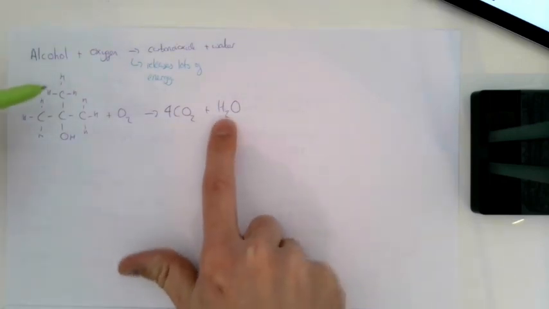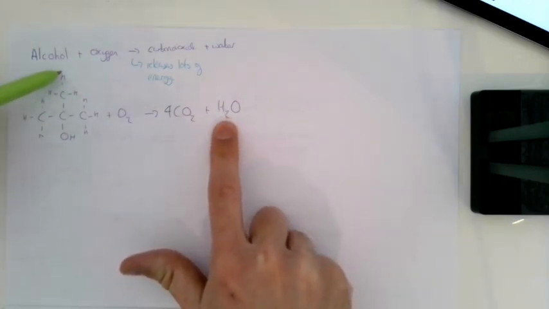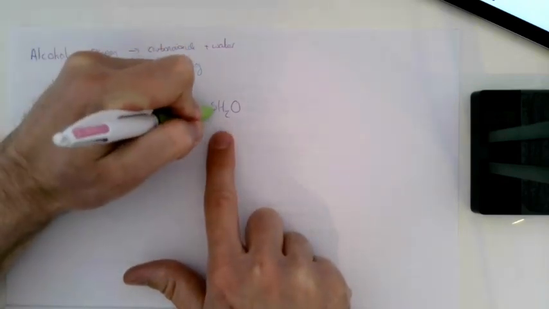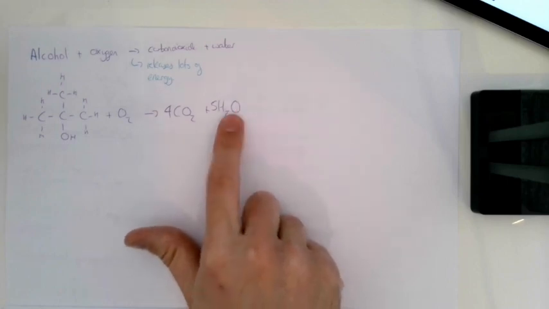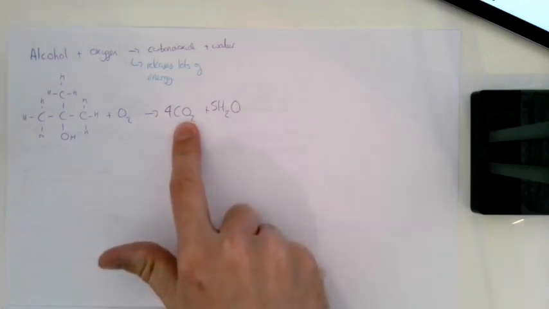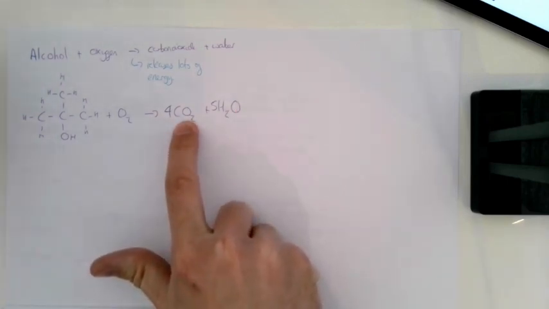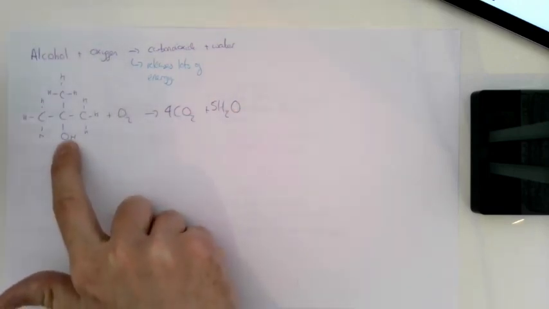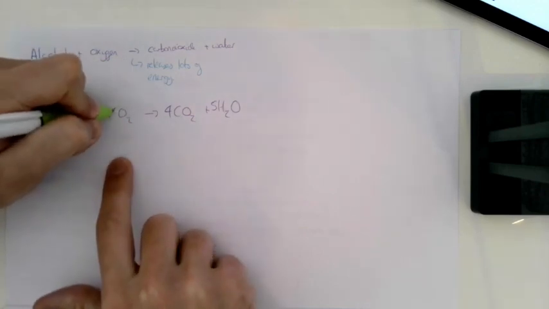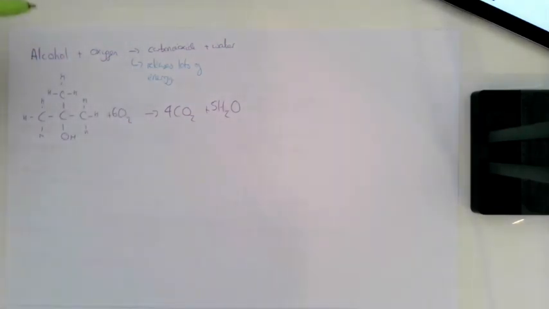Then I do the hydrogens, so 2, 3, 4, 5, 6, 7, 8, 9, 10. So if I put a 5 there, I've now got 10 hydrogens. And then I do the oxygens, so 5 oxygens plus 8 oxygens gives me 13. So there's 13 oxygens on this side in total. There's 1 there, so I need 12 more. So if I put a 6 there, now that equation is balanced. So that's reaction number 1, which is combustion.